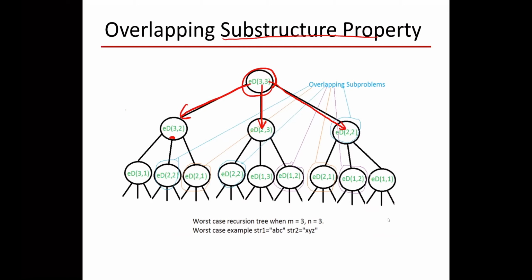Then from here I can do replace, add, remove. So edit distance of 2 and 2 is edit distance of 2 and 2. This will match, therefore I don't need to compute again. Clear? Then we can keep repeating these procedures to find the answers.